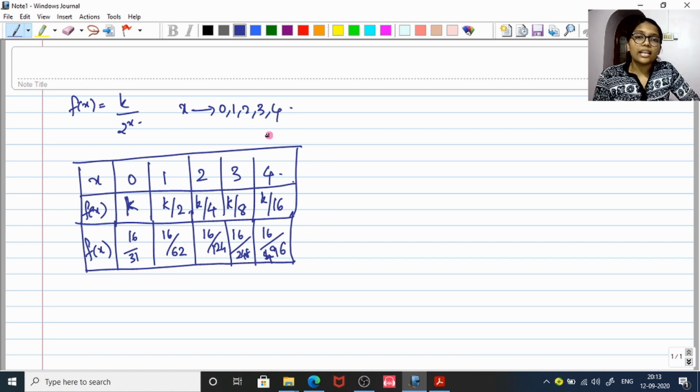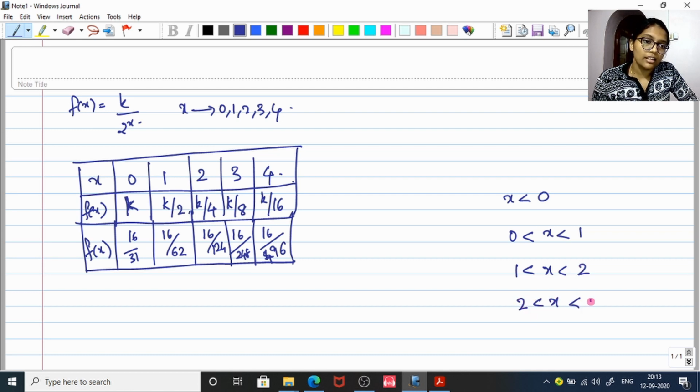Now you have to arrange the random variable on the whole number line, that is x lesser than 0. Next is between 0 and 1, so x values taken between 0 and 1, later 1 and 2, then 2 and 3, 3 and 4, later x greater than 4.